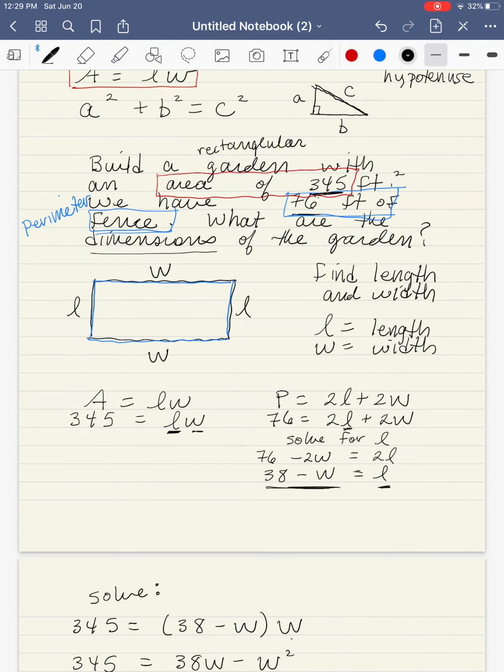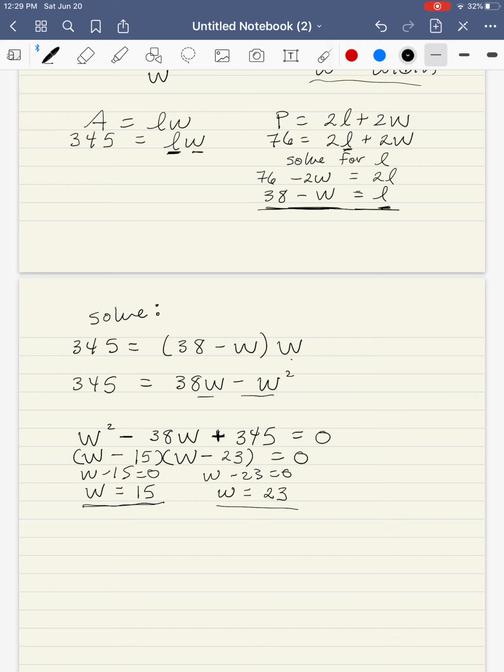I can see that if I let W equal 15, and then I plug back in here 38 minus 15, I get 23. If I let W equal 23 and I plug back in, I get 15.